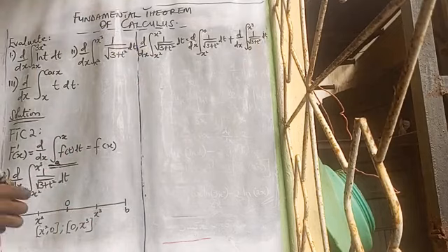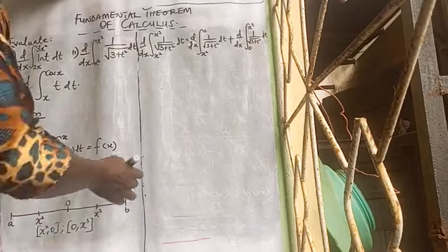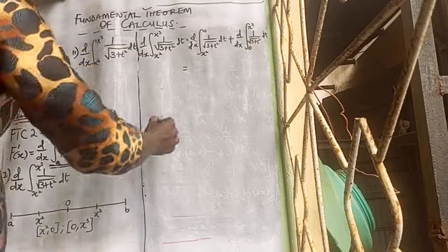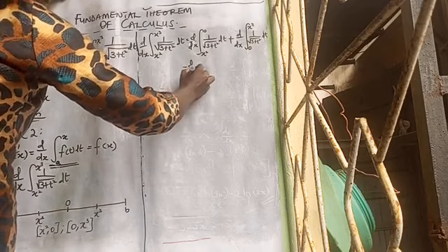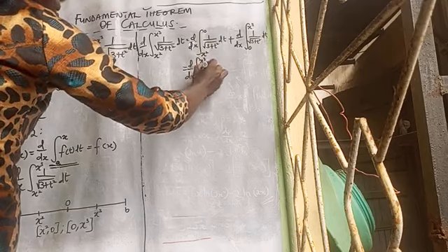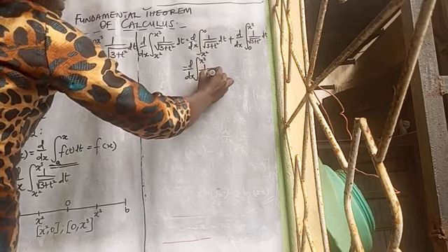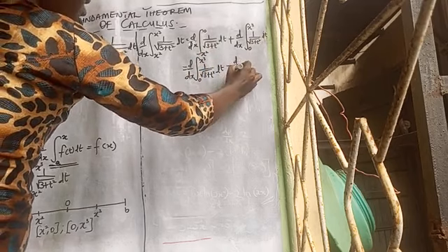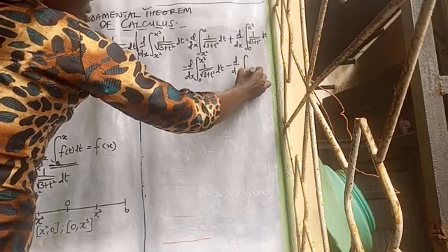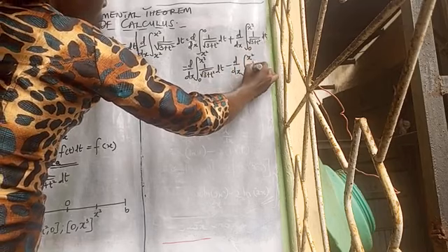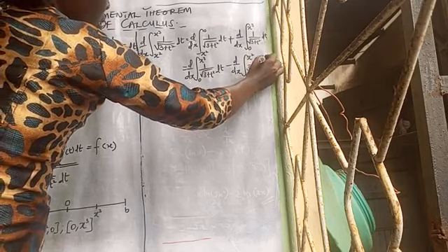And I also said that by the properties of the Riemann integral, this changes sign, and I have this become d/dx of the integral from 0 to x cubed of 1 over the square root of 3 plus t squared dt, minus d/dx of the integral from 0 to x squared of 1 over the square root of 3 plus t squared dt.